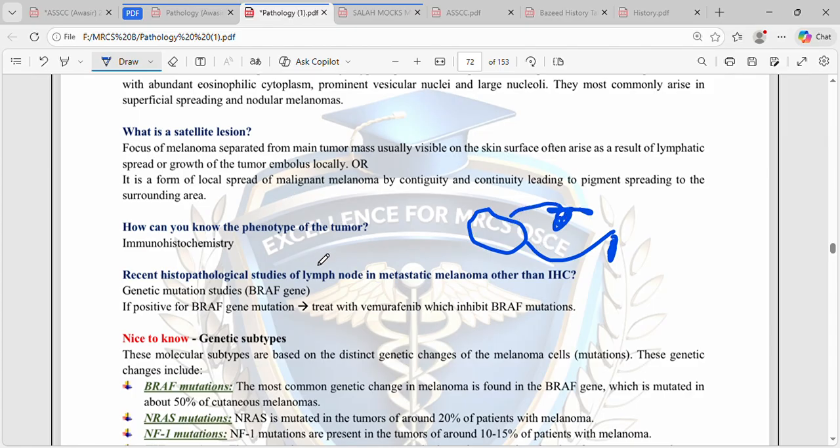It often arises as a result of lymphatic spread or growth of the tumor embolus locally. It is a form of local spread of malignant melanoma by contiguity and continuity, leading to pigment spreading to the surrounding area.